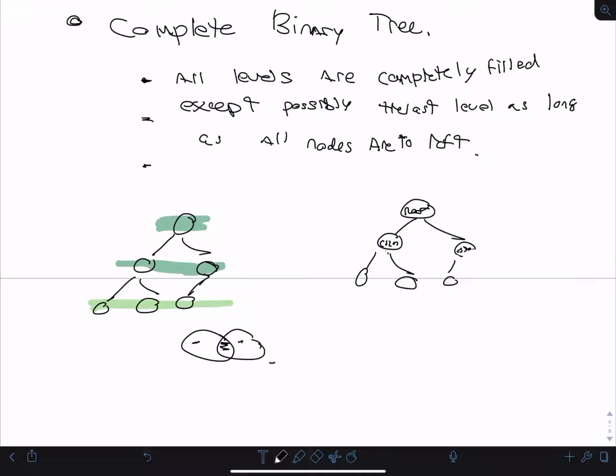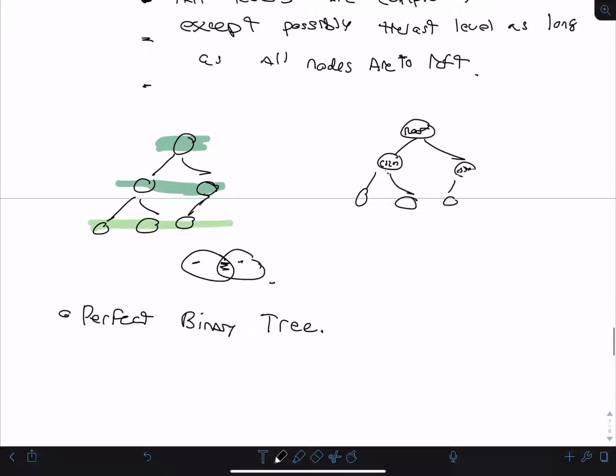All right. Two more, or I guess 3 more. So the upgrade from that, I suppose, is the perfect binary tree. A binary tree is considered to be perfect if all internal nodes have 2 children and all leaf nodes are at the same level. That's the one where everything is just at capacity.